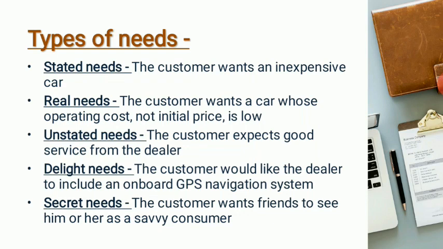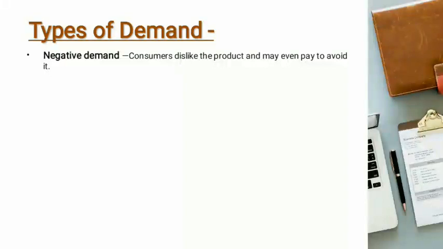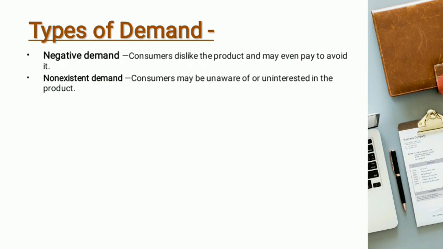Next topic is different types of demand in marketing. First one is negative demand, where consumers dislike the product and may even pay to avoid it, like hospitals and life insurance. Next is non-existent demand. This demand arises when consumers may be unaware of or uninterested in the product, like pagers and typewriters.